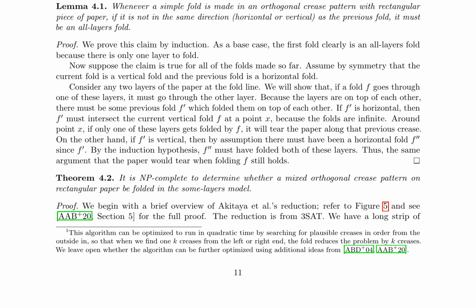thus preserving foldability. The paper then transitions to proving the NP-completeness of determining whether a mixed orthogonal crease pattern on rectangular paper has a simple folding in the sum-layers model. This proof builds upon the reduction from 3SAT developed by Akitaya et al., which involves creating a long strip of rectangular paper divided into a square grid of creases.